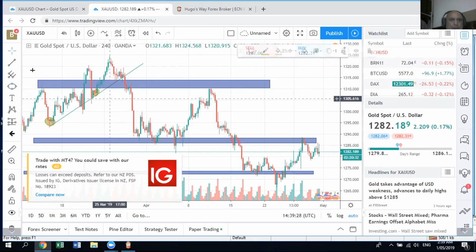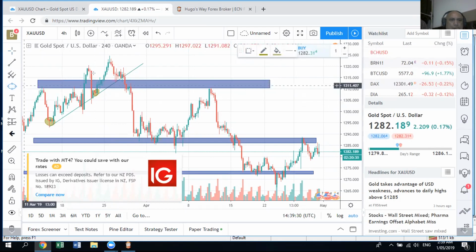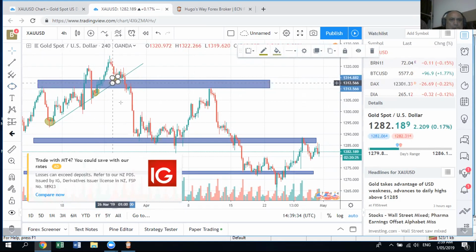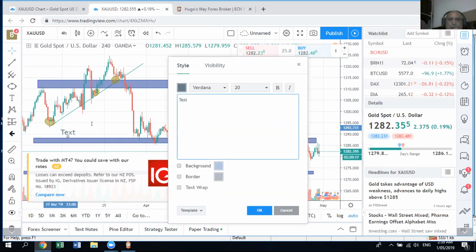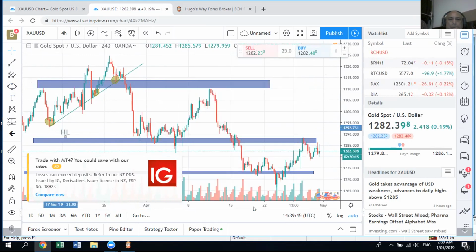Once we count 3 touches, we're paying attention to what happens after that 3rd touch. So here we have our 3 touches, the yellow circles representing those 3 touches. In this case, this is forming a higher low point, so we're going to abbreviate it HL. I'm going to go ahead and put this right here.